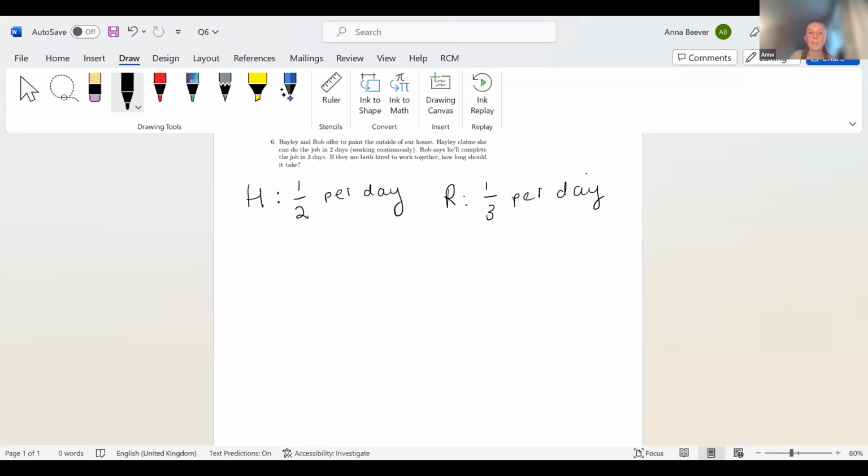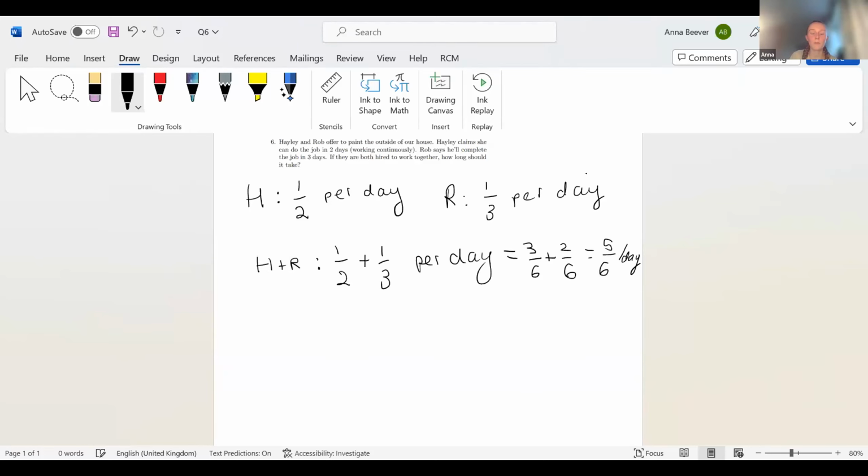So then we want them to work together. So the total rate, let's call it H plus R. That would be a half plus a third per day, which would be 3/6 plus 2/6, which will be 5/6 per day.